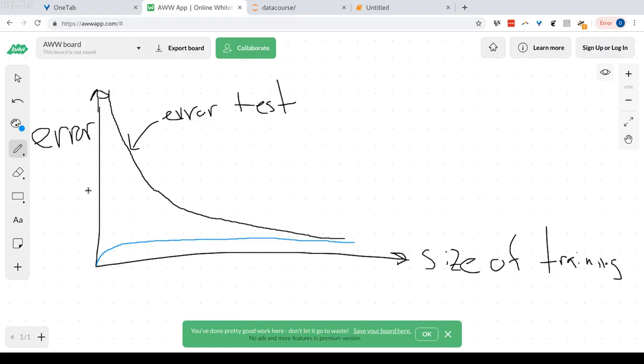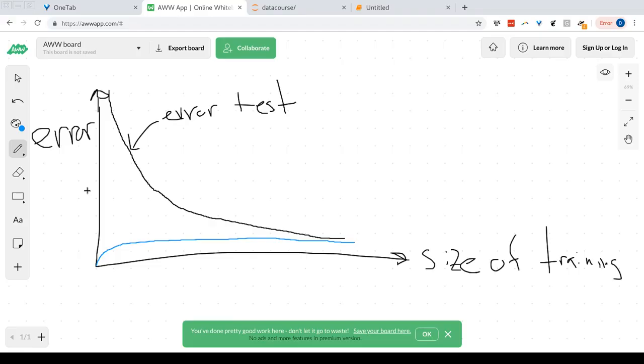And this is important because, as we discussed in the beginning of this video, generally speaking, our training error will always be less than our test error. That conceptually makes sense.